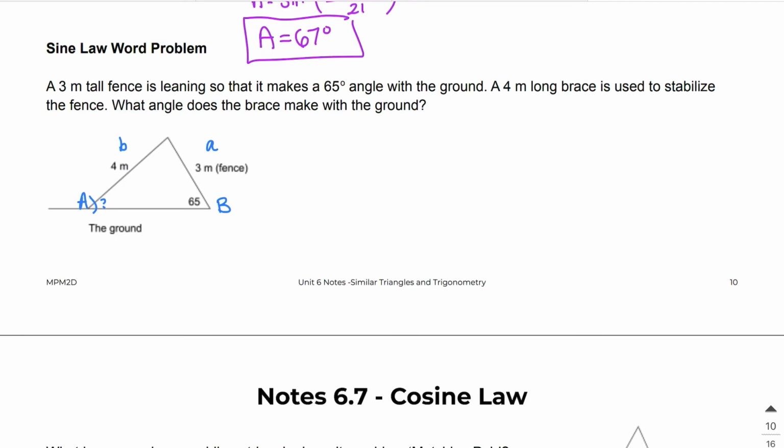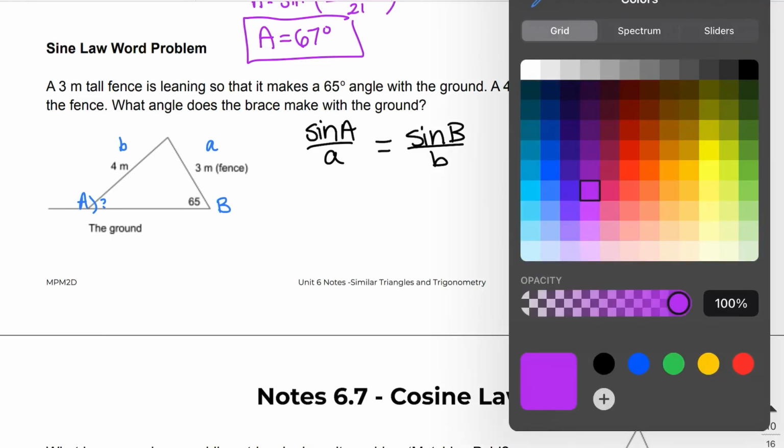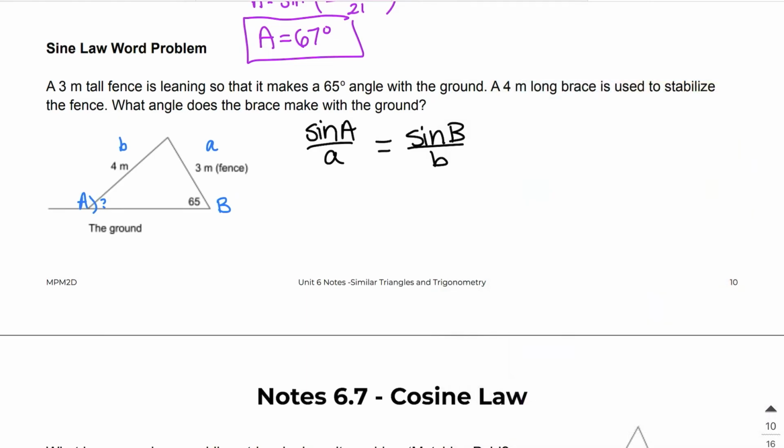When I set this up, I'm just going to use sine of A over a is equal to sine of B over b. So here I can just fill in that information. I don't know what angle A is, but I do know that side a is 3. I know that angle B is 65 right here, and I know that side b is 4. Now I'm just going to go ahead and cross multiply.